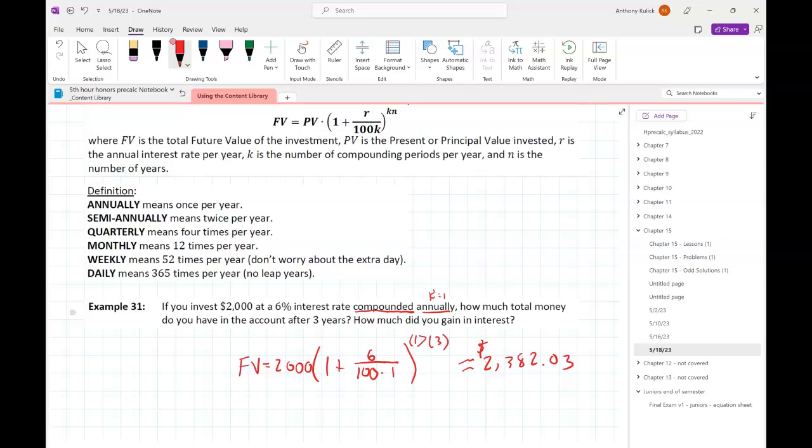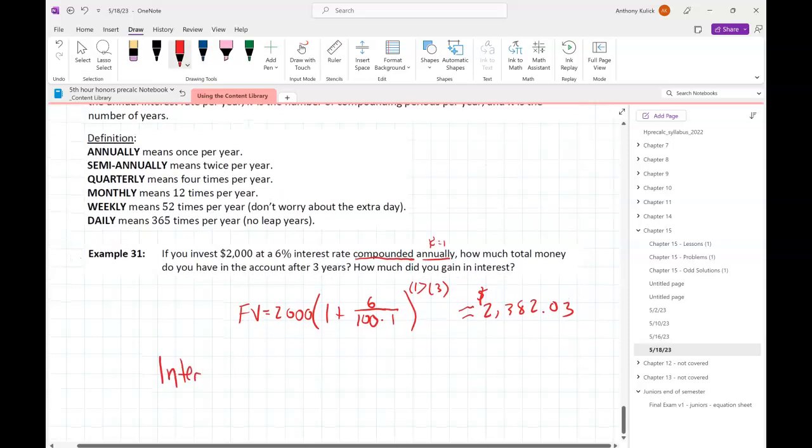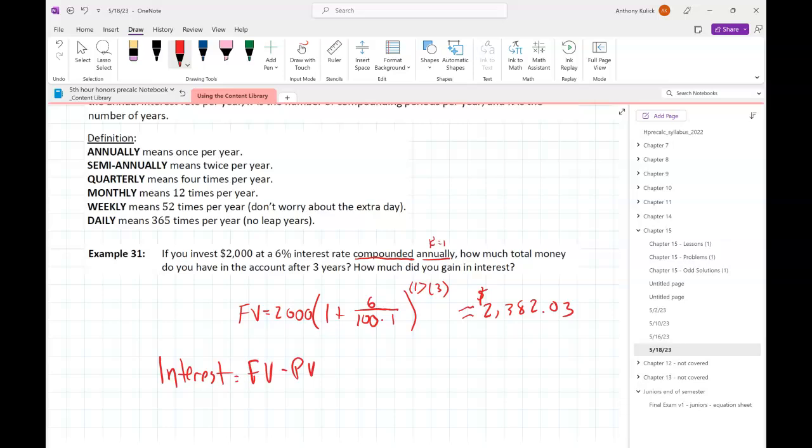We're in American dollars, we round to the hundredth because that's a penny and there's no denomination smaller than a penny. Maybe if you're doing derivative exchanges on the stock market or something, you care about fractions of cents, but in this class, we do not. So the interest here is going to be $382.03.